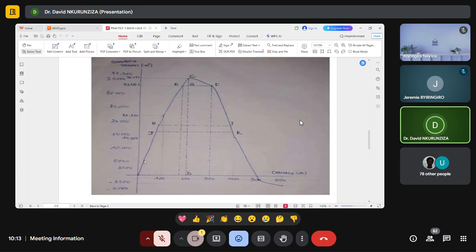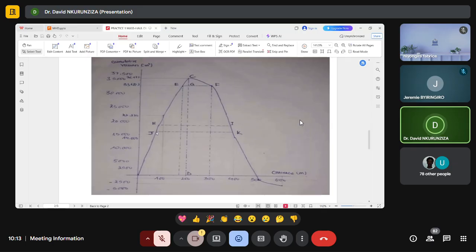Because we are in the section of cuts, this point J has the same value as the point K, but in different types of volumes. At K, we will be having the fill, because you see, it is 16,000, but fill.